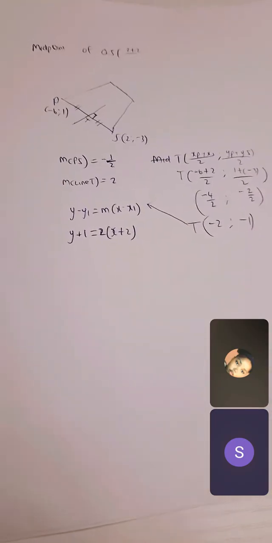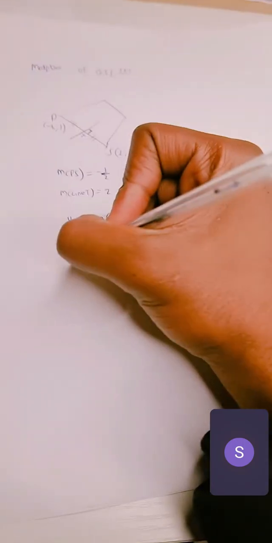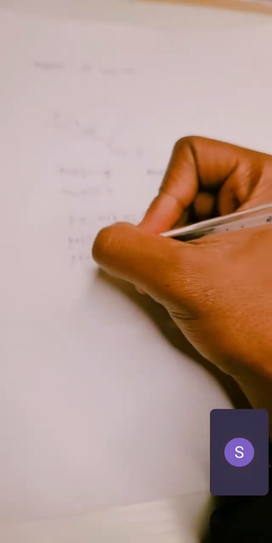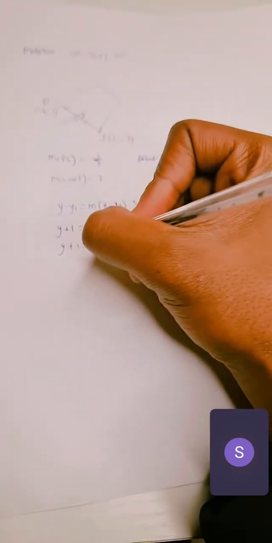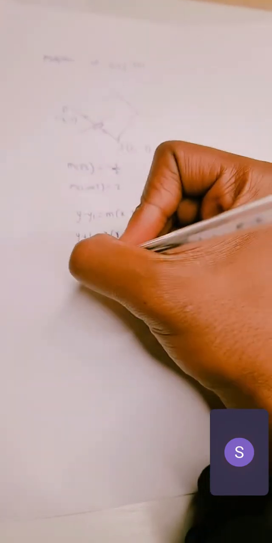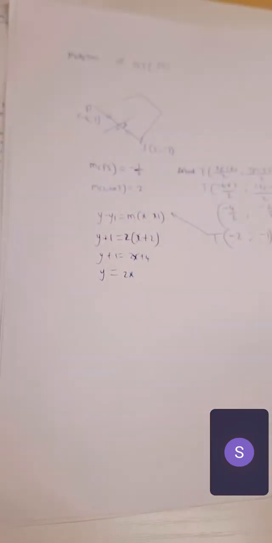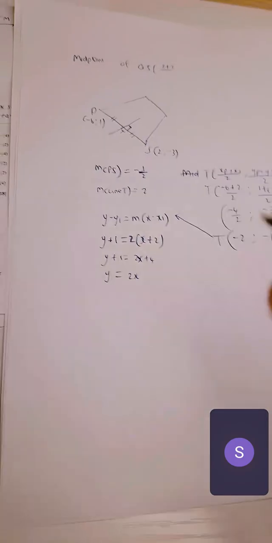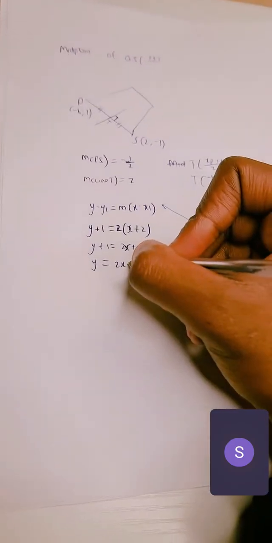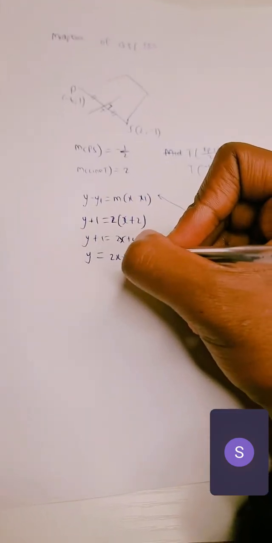Then y plus 1 is equal to 2x plus 4. Then the equation is going to be y is equal to 2x plus 3. Good job.